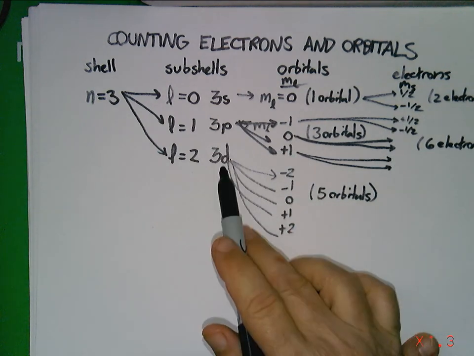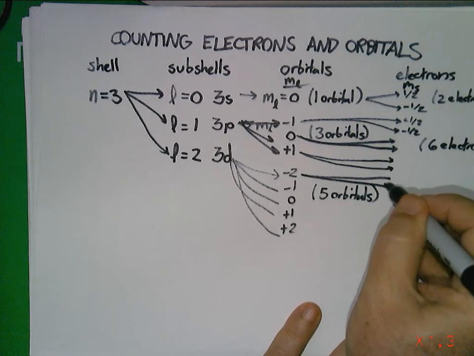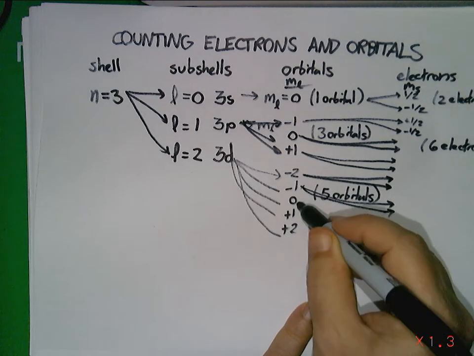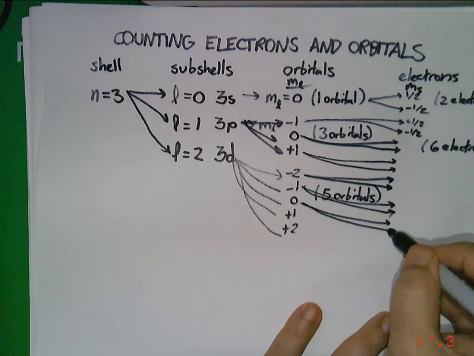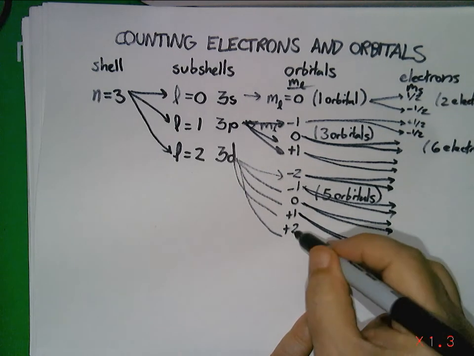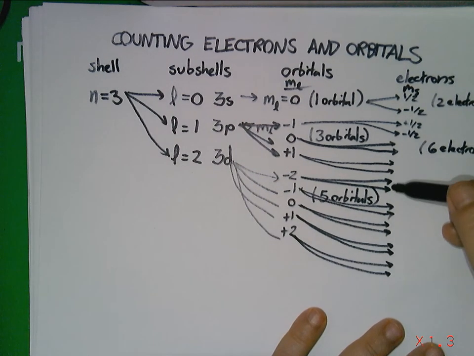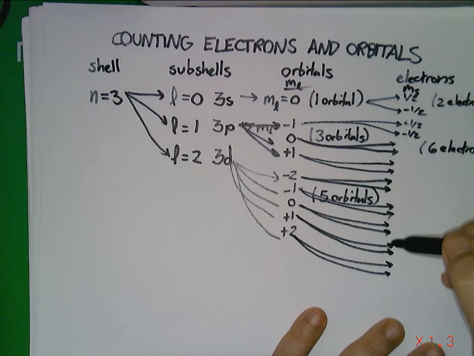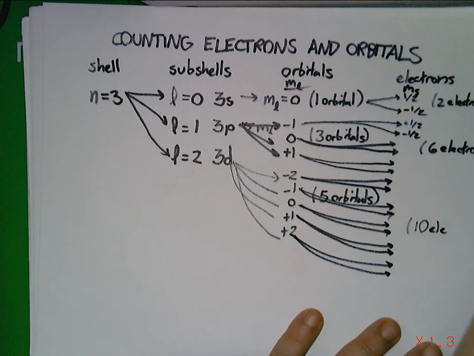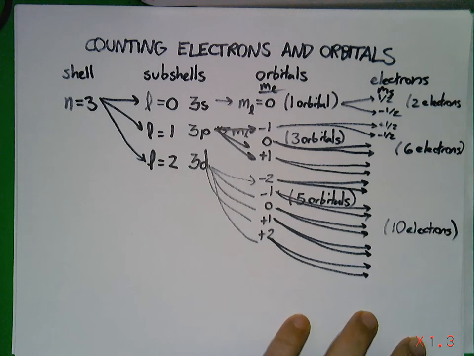How about this D subshell? How many electrons can I have in there? Well, I can have 2 leaves, 2 m sub s values, for each one of these. So there are 1, 2, 3, 4, 5, 6, 7, 8, 9, 10 electrons that can fit there.